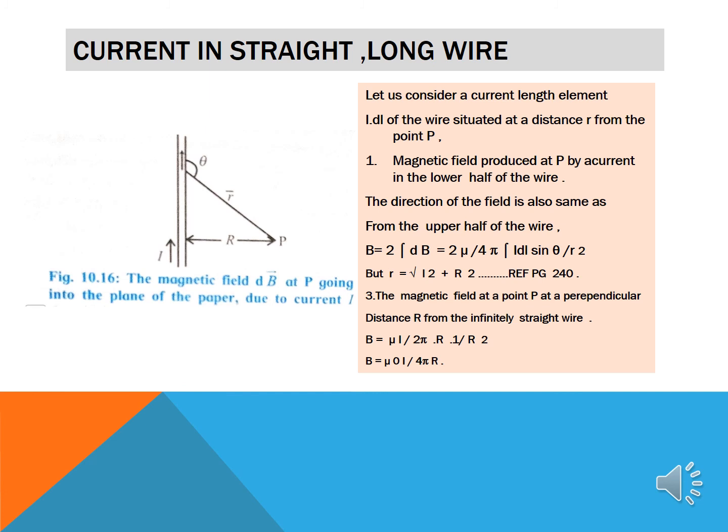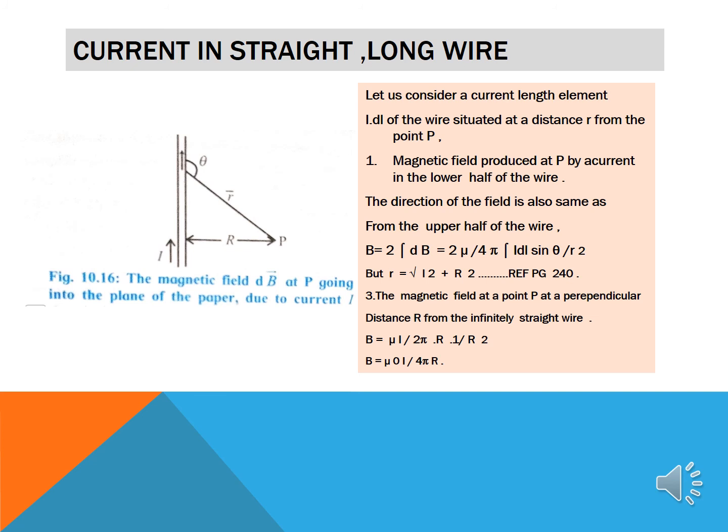Therefore, we can say that capital B is equal to 2 multiplied by the integral of dB, which is equivalent to 2 mu multiplied by I dl sine theta divided by r square, where mu is again in the denominator form of 4 pi. But when I state this, my small r is equal to the square root of L square plus r square.